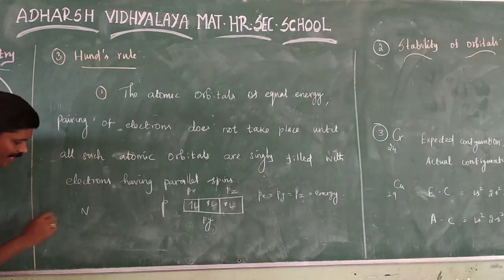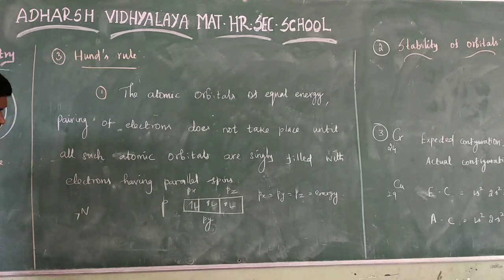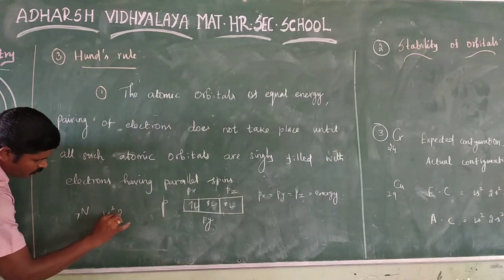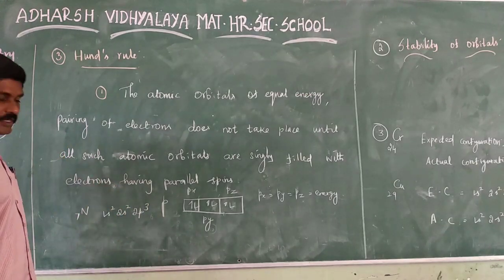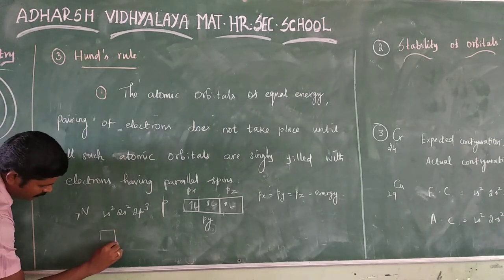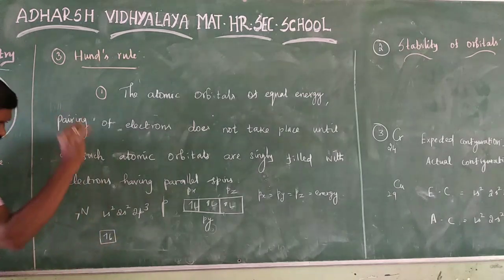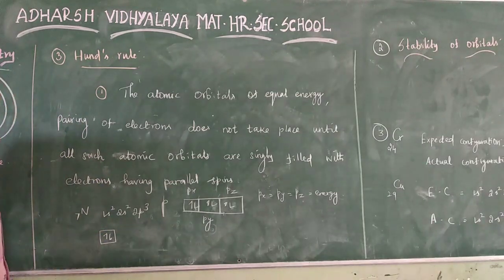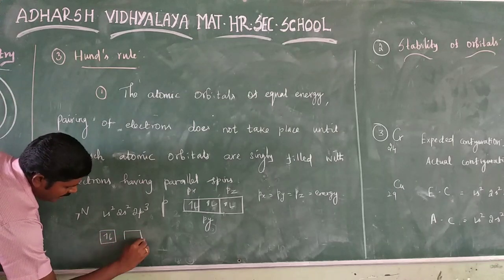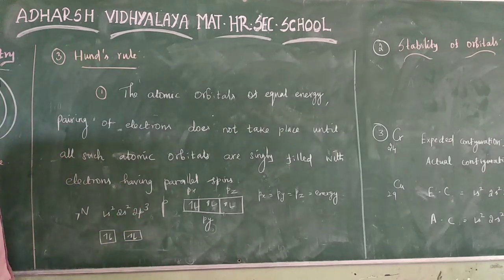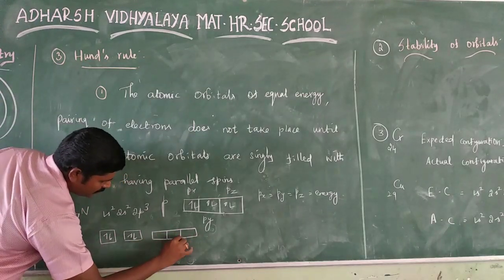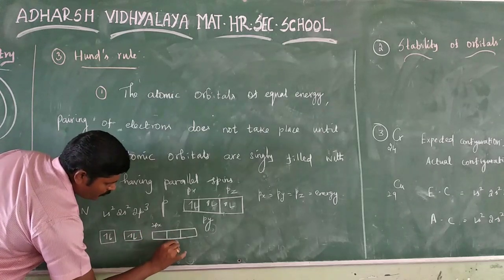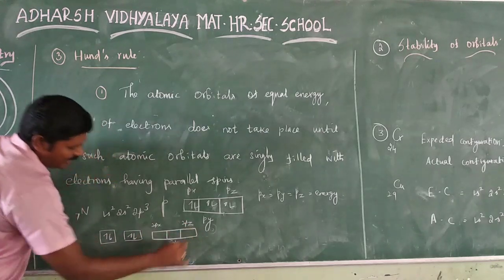nitrogen, atomic number 7. The electronic configuration is 1s2, 2s2, 2p3. The 1s orbital has 2 electrons with opposite spin, according to the Pauli exclusion principle, and the 2s orbital has 2 electrons. Then the 2p orbitals: 2px, 2py and 2pz.